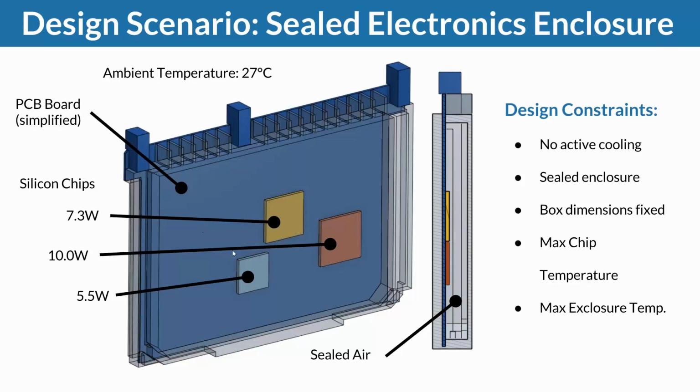And in the real design there are lots of other components on here, various electronics components. But for the design scenario today, we neglect most of them and just look at 3 chips that produce most of the heat.